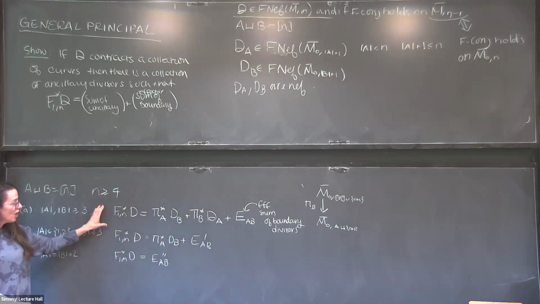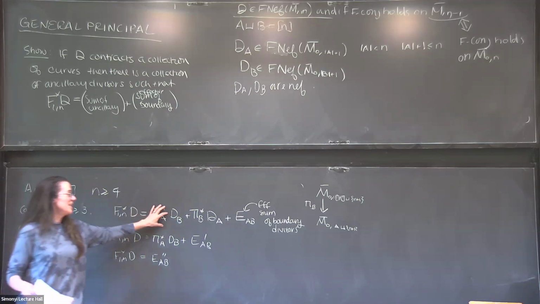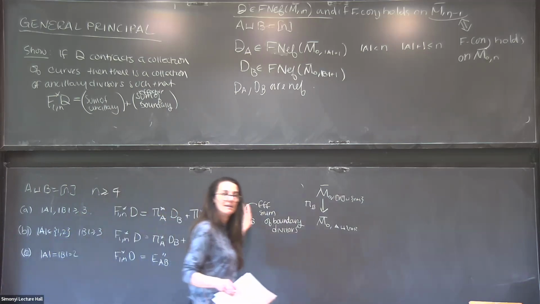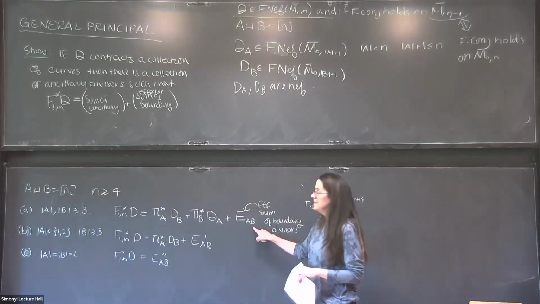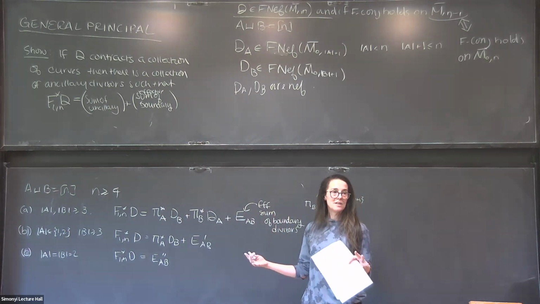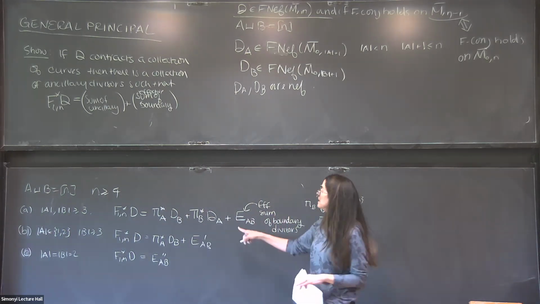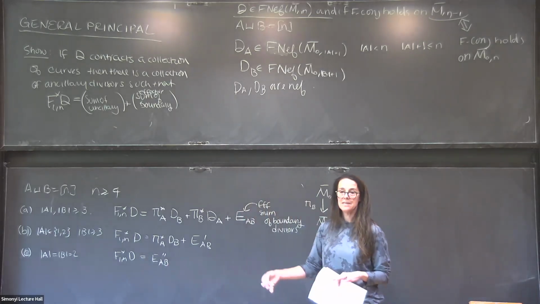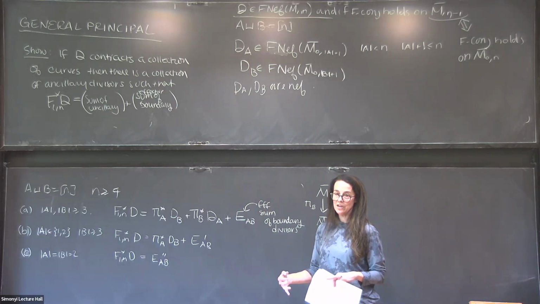So if there's a curve that this divisor intersects negatively, well, it's not going to intersect these parts negatively because these are nef. It has to intersect this part negatively. So this part is some effective sum of boundary divisors. And so if the curve is going to intersect one of these effective sums of boundary negatively, it has to be in the support of one of the boundary divisors.